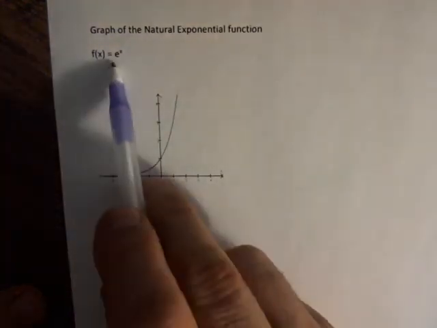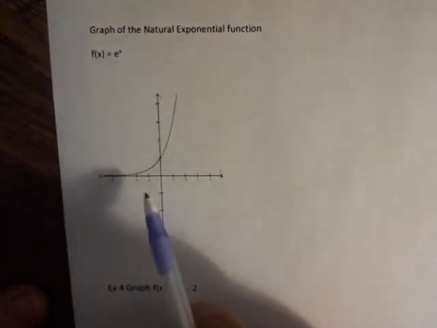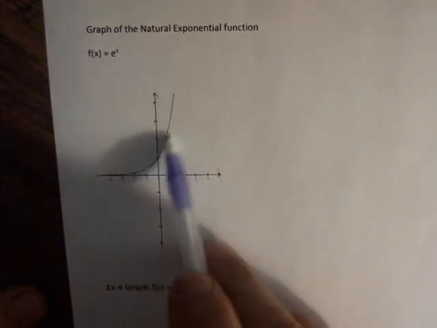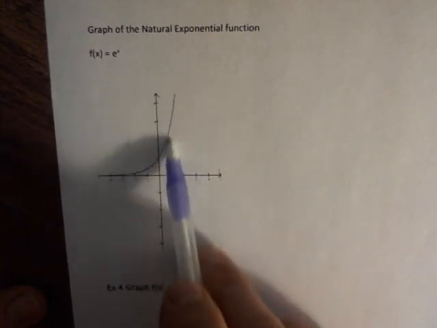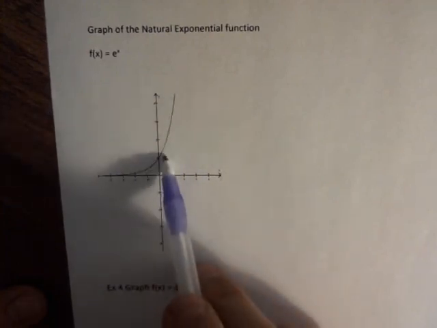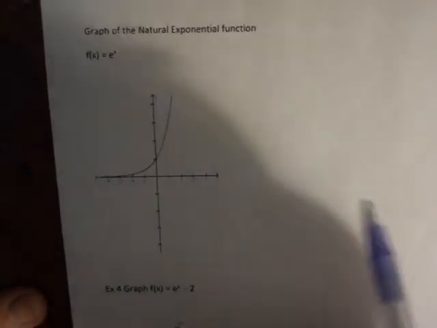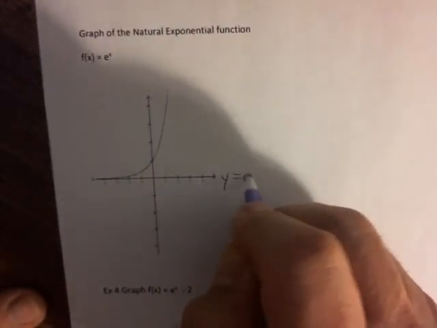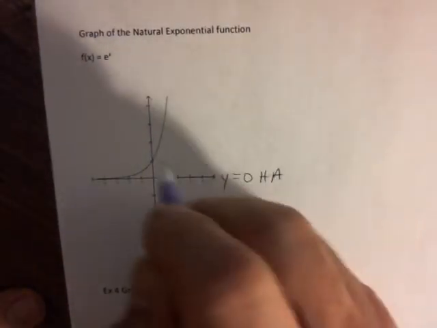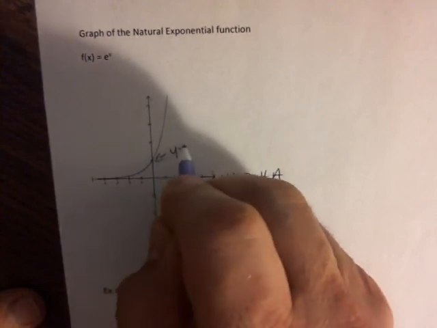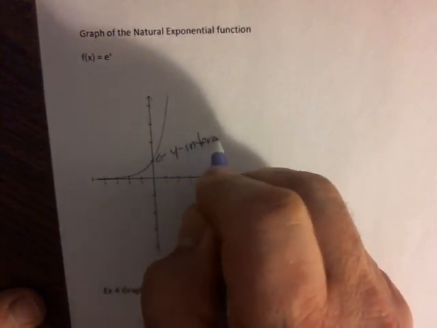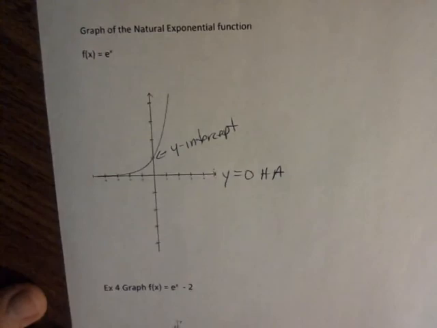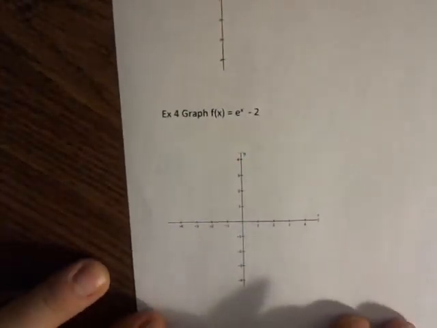And we can also graph the natural exponential function. Since e is bigger than 1, it's going to look just like the other exponential function. It's going to have that curve to it. It's going to have the y-intercept, the horizontal asymptote. Has it all. And we're going to graph it the same way we did earlier, paying attention to whether it's a vertical or a horizontal shift.